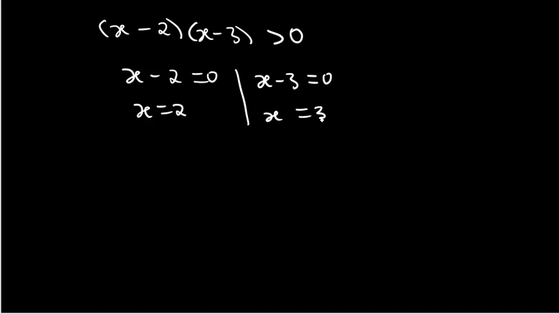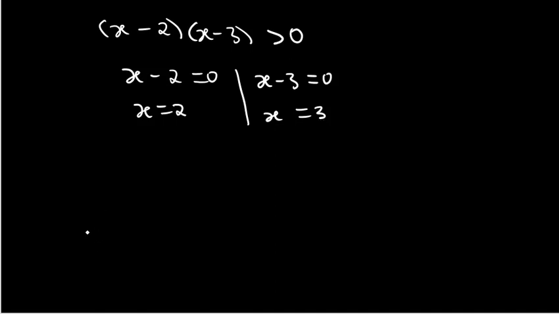These are the two values you get when you solve that quadratic equation. How do we find the true set of that quadratic inequality? We can use the graphical approach or the number line approach. Let's try the graphical approach first.